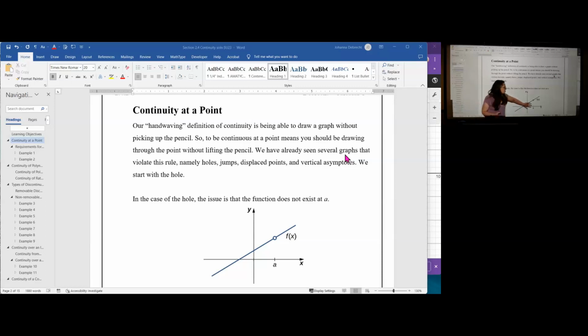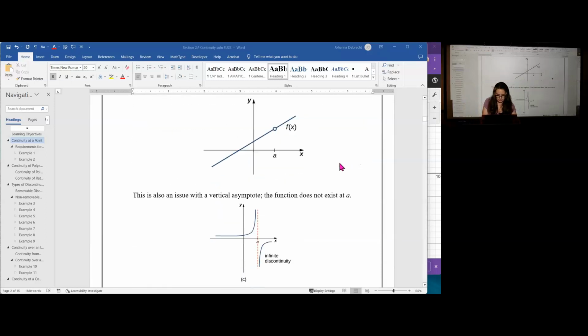And then we want to sort of put that exception into our definition for continuity. So looking at this graph, we're going to start with the hole. When we look at the graph of a function with a hole in it, the reason we have to lift the pencil at the point where the hole is because the function is not defined there. So in order to fix this issue, we need to require that the function be defined at that point.